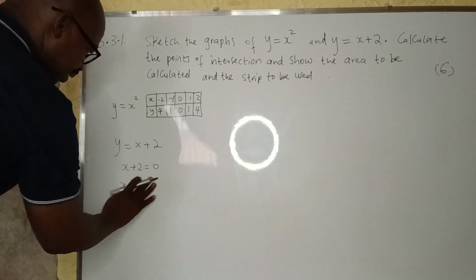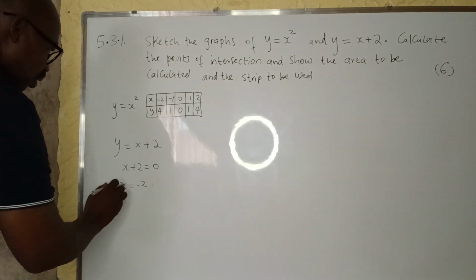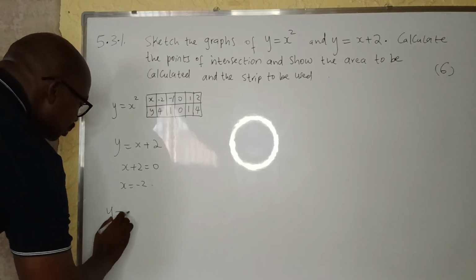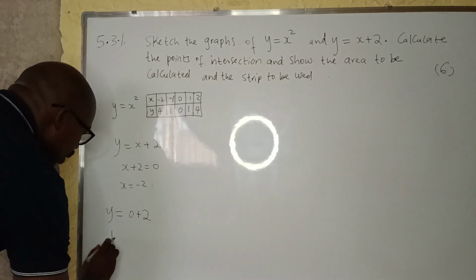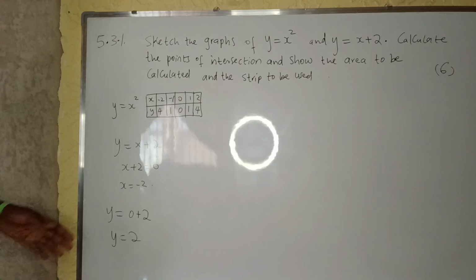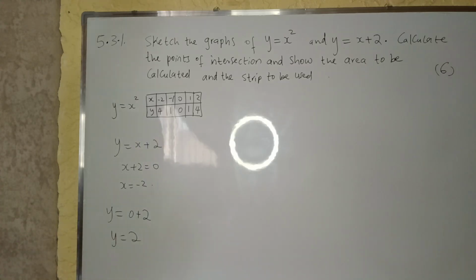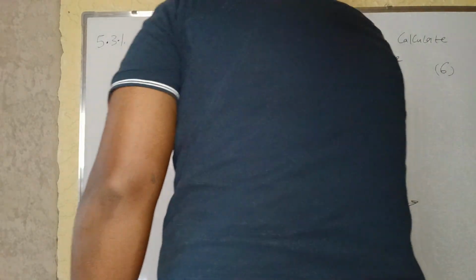For the value of y, you must let x be equal to 0. 0 plus 2, y is equals to 2. So you have the values of that straight line. The points: x is -2, y is 2. So you can be able to draw that graph.